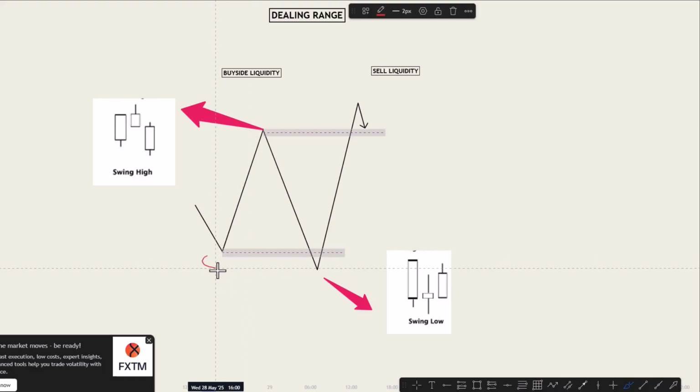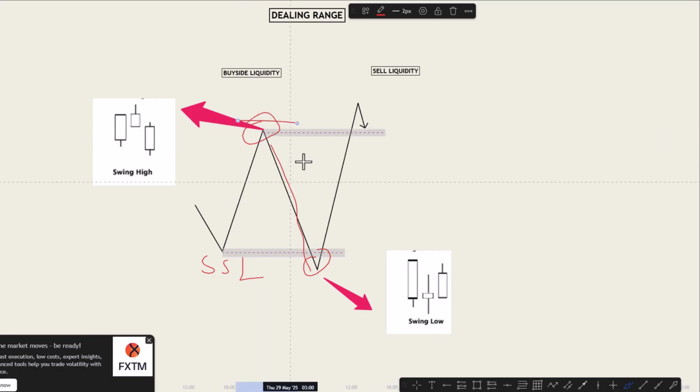Sell side liquidity. And for the buy side liquidity, we see there are traders who sold from this level to this level, and they have their stop loss here while they were selling. And there are traders that are waiting for price to come back, break this high, and continue buying. So they have their orders also at this level.